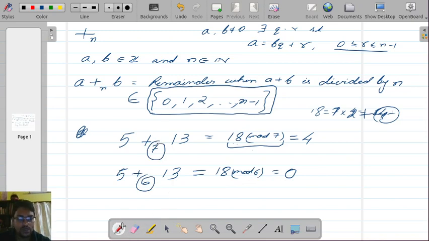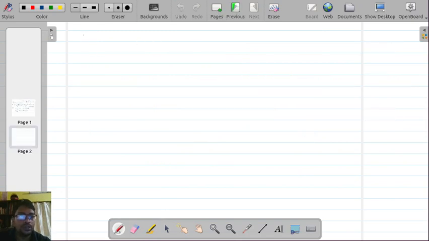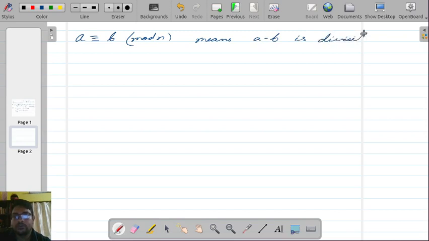And one more thing that I had told you about is congruence. a is congruent to b modulo n means that a minus b is divisible by n. This I had already shown you.